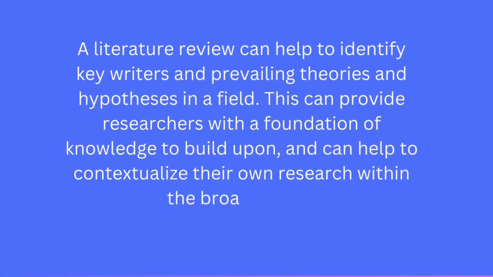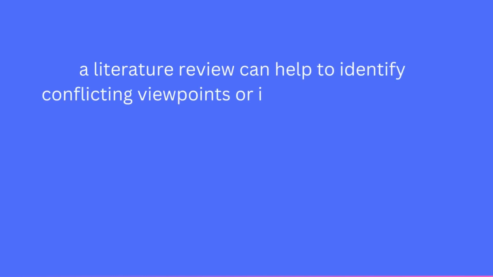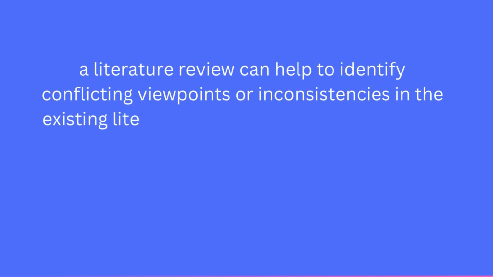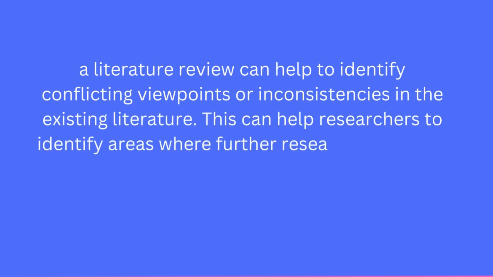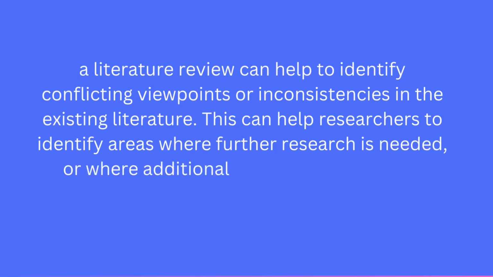Thirdly, a literature review can help to identify key writers and prevailing theories and hypotheses in a field. This can provide researchers with a foundation of knowledge to build upon, and can help to contextualize their own research within the broader field. Fourthly, a literature review can help to identify conflicting viewpoints or inconsistencies in the existing literature.